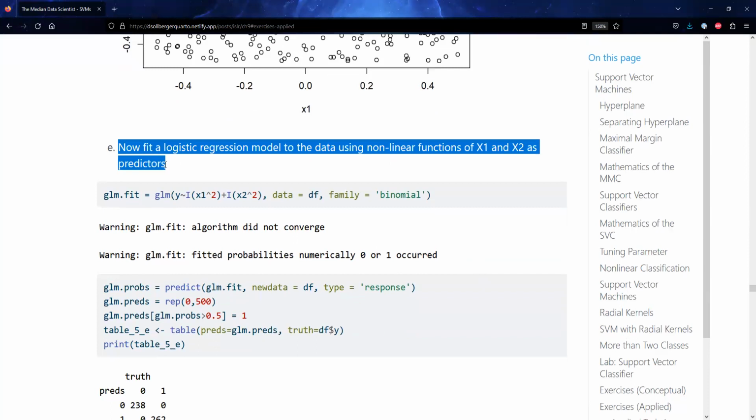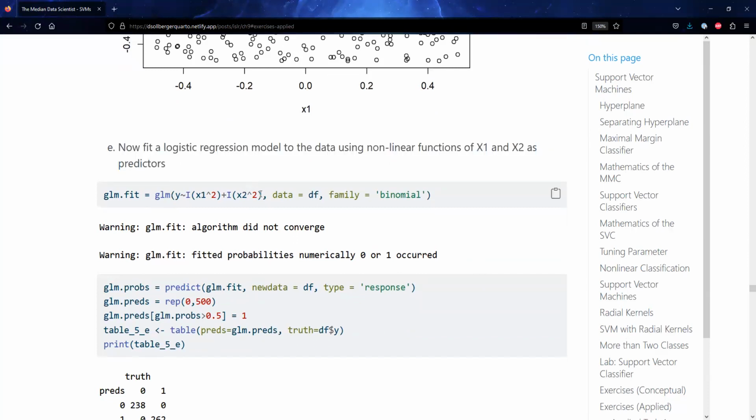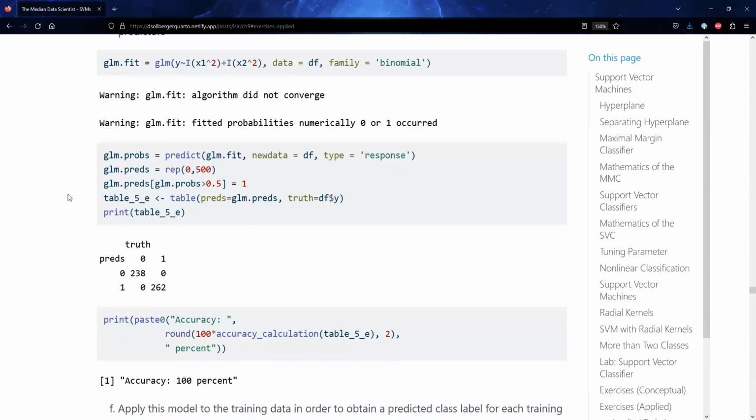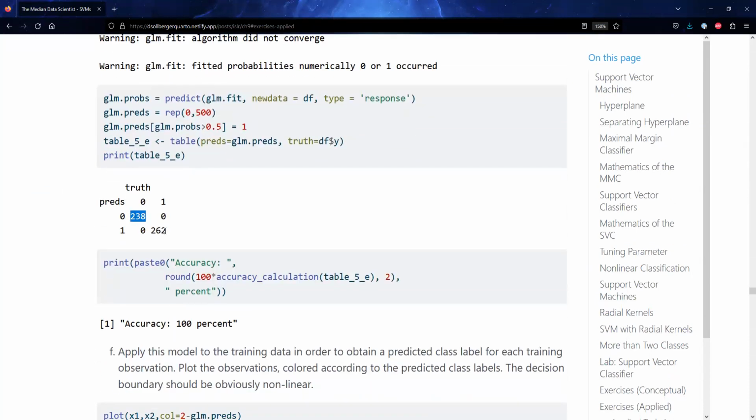Here in part E, we're going to perform logistic regression again, but also include some quadratic terms. A couple warnings appeared, but this time around, the logistic regression got 100% accuracy.